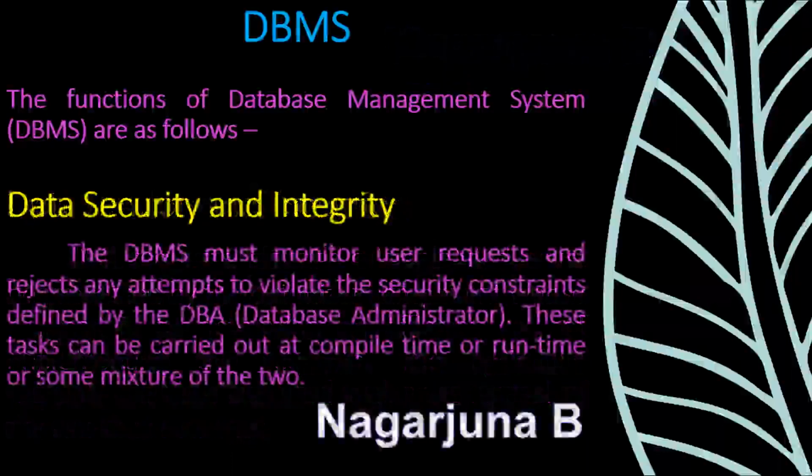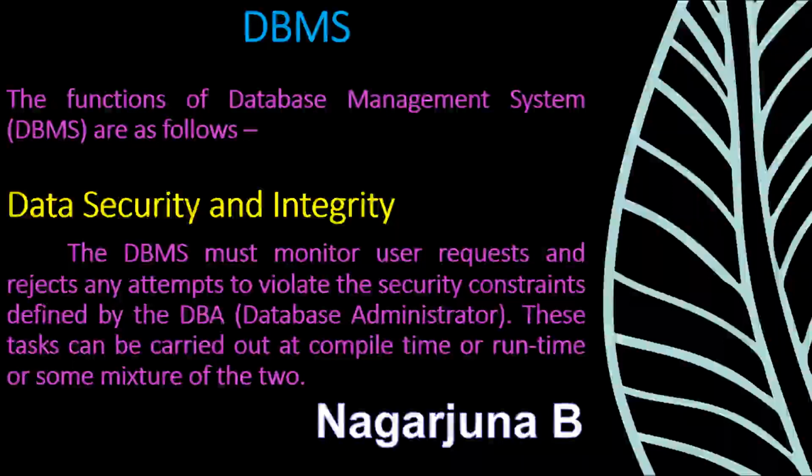The next function is data security and integrity. The DBMS must monitor user requests and reject any attempts to violate the security constraints defined by the DBA, the database administrator. The database administrator will specify certain constraints. If a user violates any of those constraints, then it has to reject the request given by the user. These tasks can be carried out during compile time, during runtime, or a mixture of both.